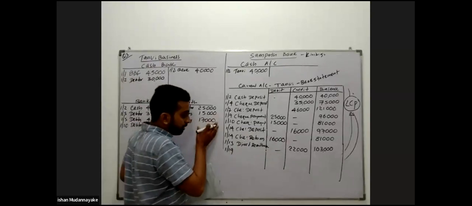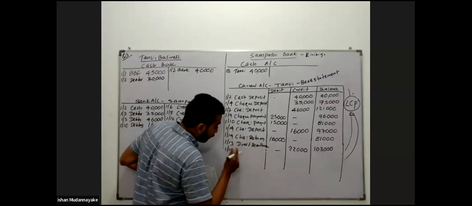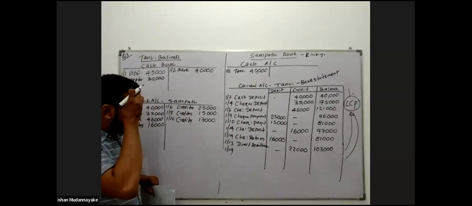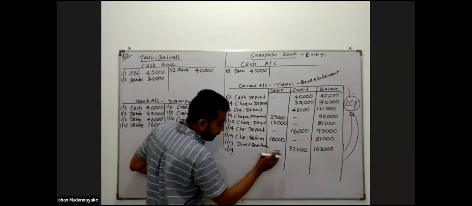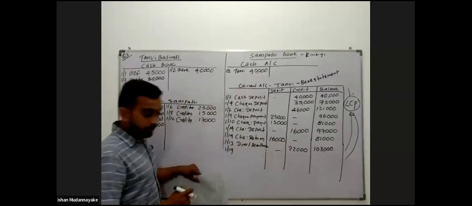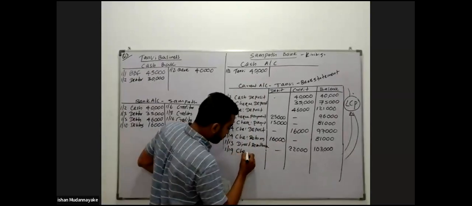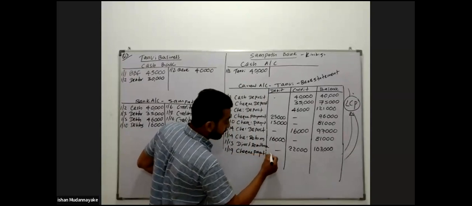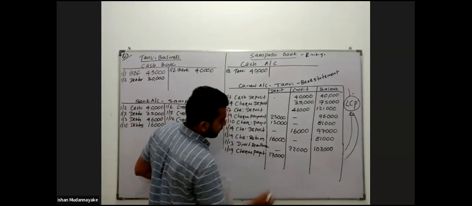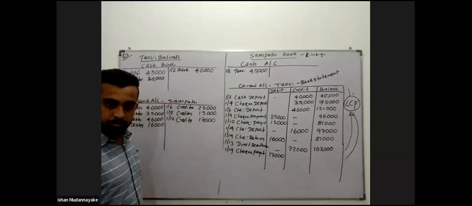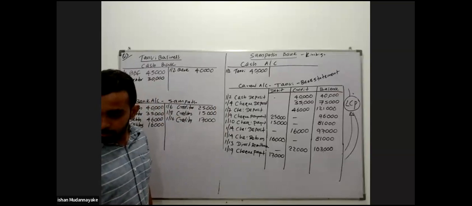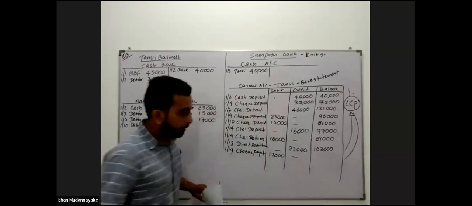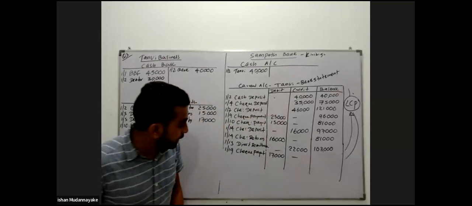At first they record this 17,000 in the debit side of the current account: check payment, 17,000. At first they debit. Right now, balance available: 103,000 minus 17,000. How much is the balance?